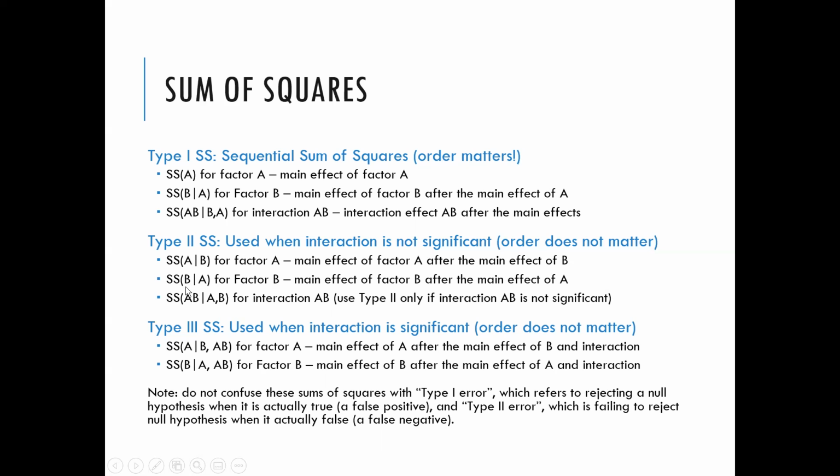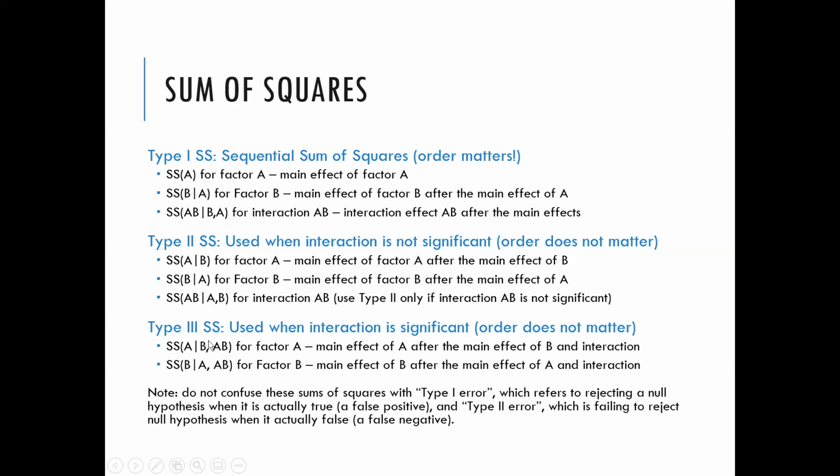So sum of squares for factor B is the main effect of factor B after the main effect of A. And then finally, we have interaction for AB. But we only use this type 2 if the interaction AB is not significant.